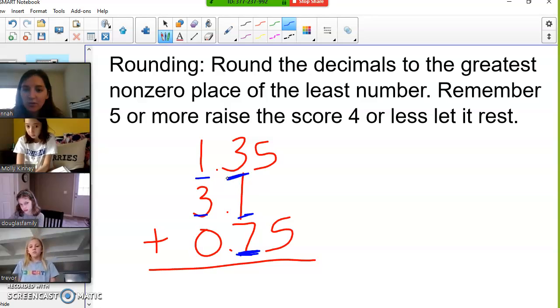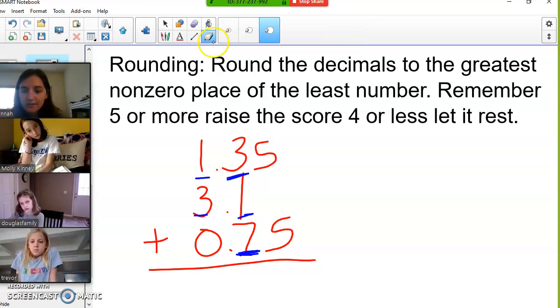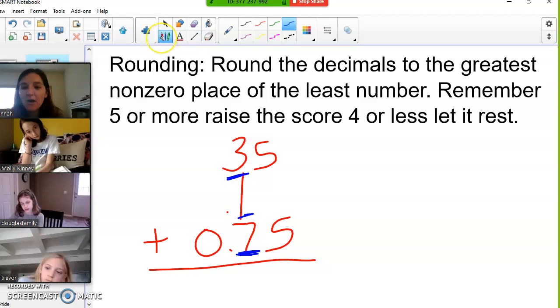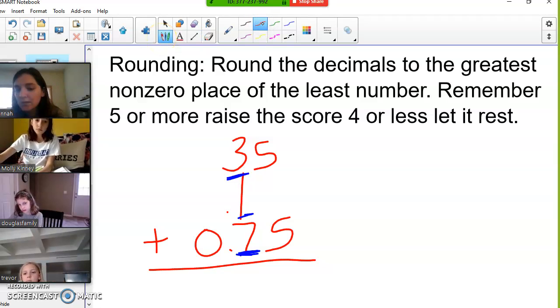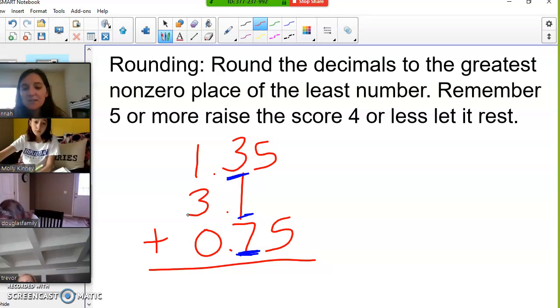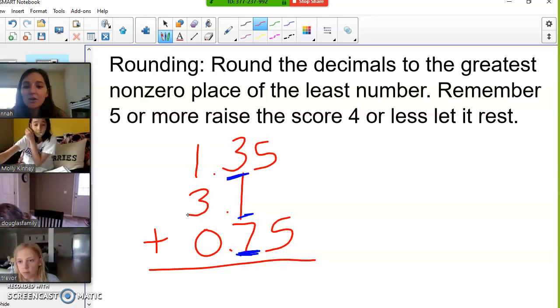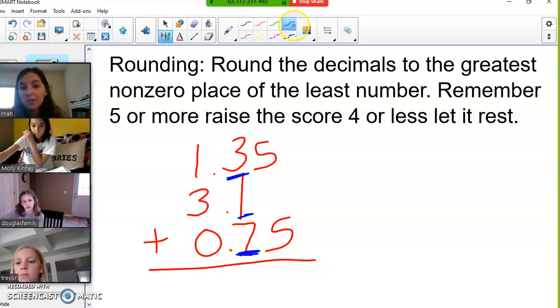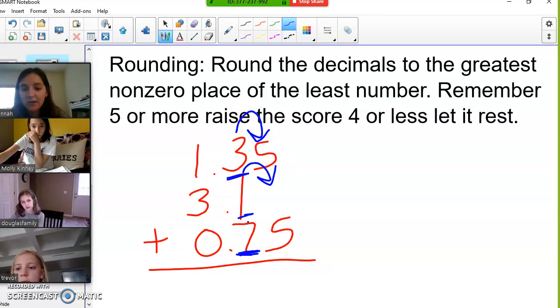Okay. So I'm going to go ahead and erase this. Basically I look for the smallest number and I round all of my numbers to that one spot. Then 3.1. Okay, so basically the least one tells me the same thing, and then I'm going to go through and estimate or round like I know how. So I'm going to do my arrow number over here, over here, over here.